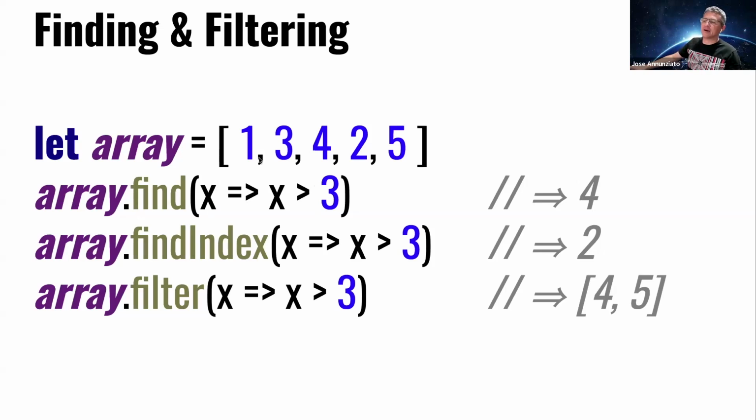So if I'm looking for greater than 3, then 1 is position 0, 3 is position 1, and I found a 4 at position 2. It's greater than 3, so position 2 is correct. And then filter here, I only want the values that are bigger than 3, so I end up with 4 and 5. So filter computes a new array with the values that make the predicate true, okay?